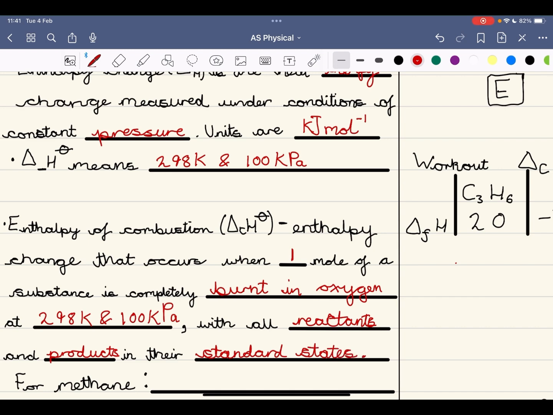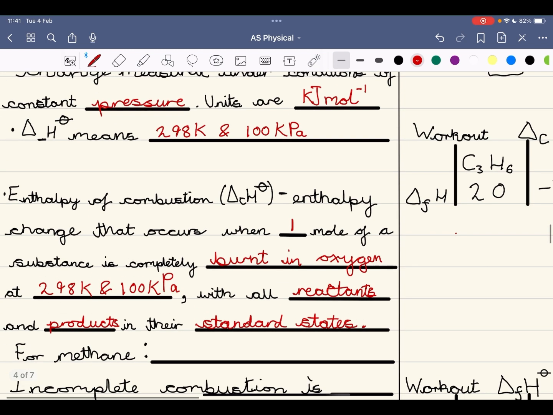So for methane, the reaction for the enthalpy of combustion is 1 mole of methane, which reacts with oxygen, and that forms CO2 and H2O.